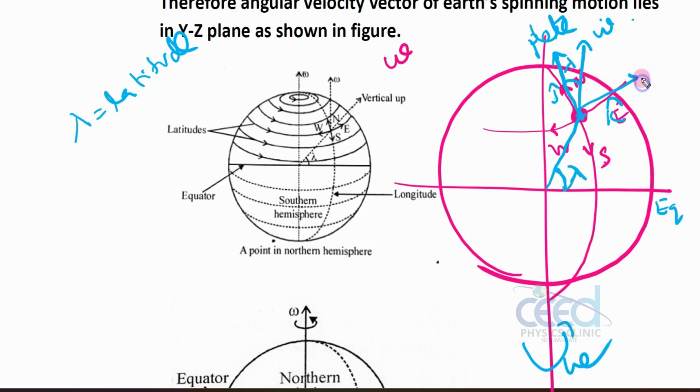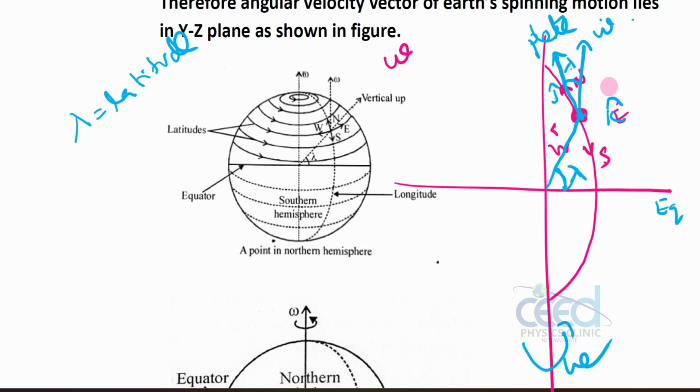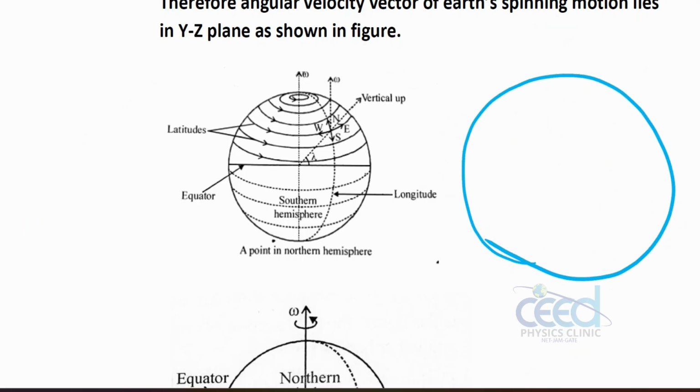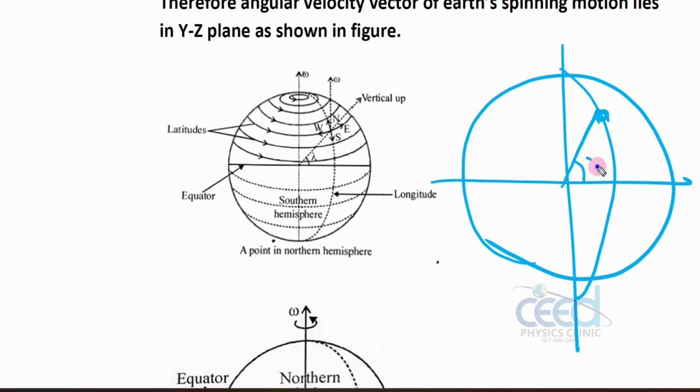So look here, one more time I will represent it with a new figure. See, this is the earth surface, and here one body is there. With the equator, this is lambda. This is the j cap direction. This is your omega direction, because the earth rotates about this axis. This is the upward direction from this point.